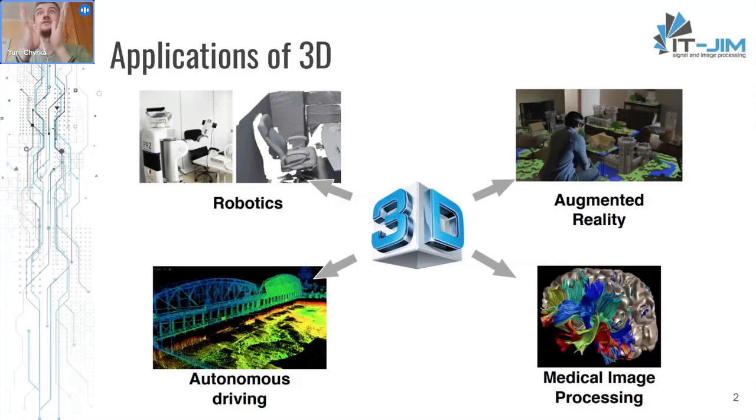Just a brief overview, we can see three-dimensional data when we work with robotics and have to navigate our autonomous agent or some robotic arm, for example, in our environment, and have to know where we are located in space.